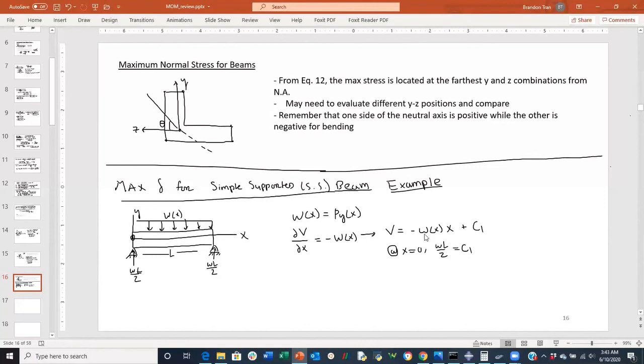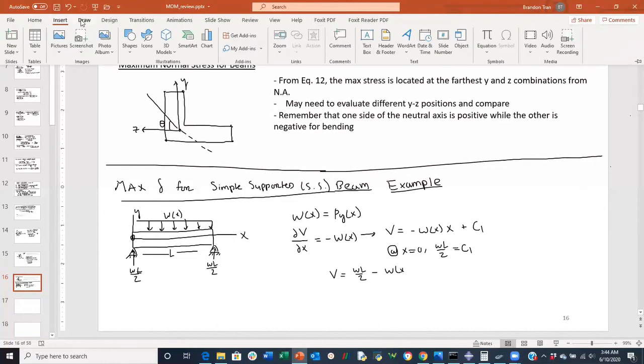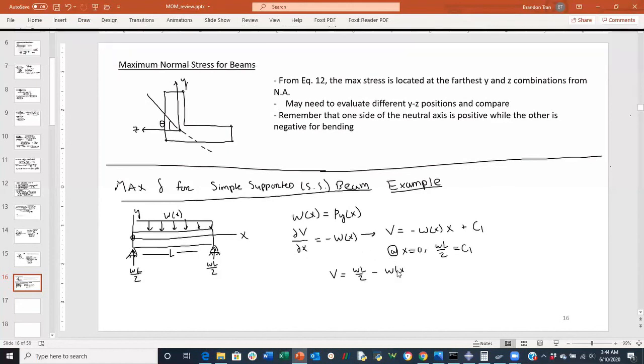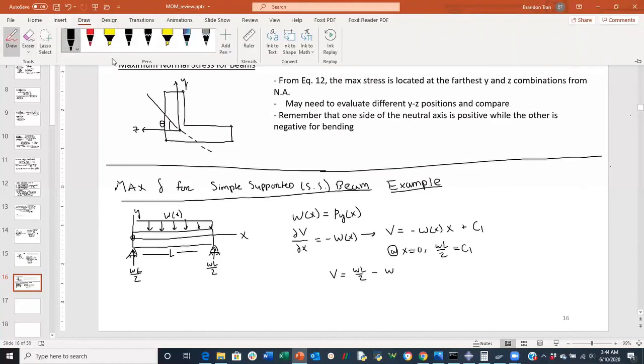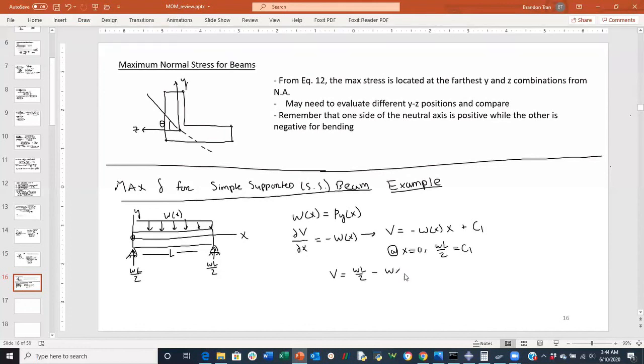So in this equation, the consistent shear load within this problem is WL over 2 minus Wx. So there's our shear load equation.